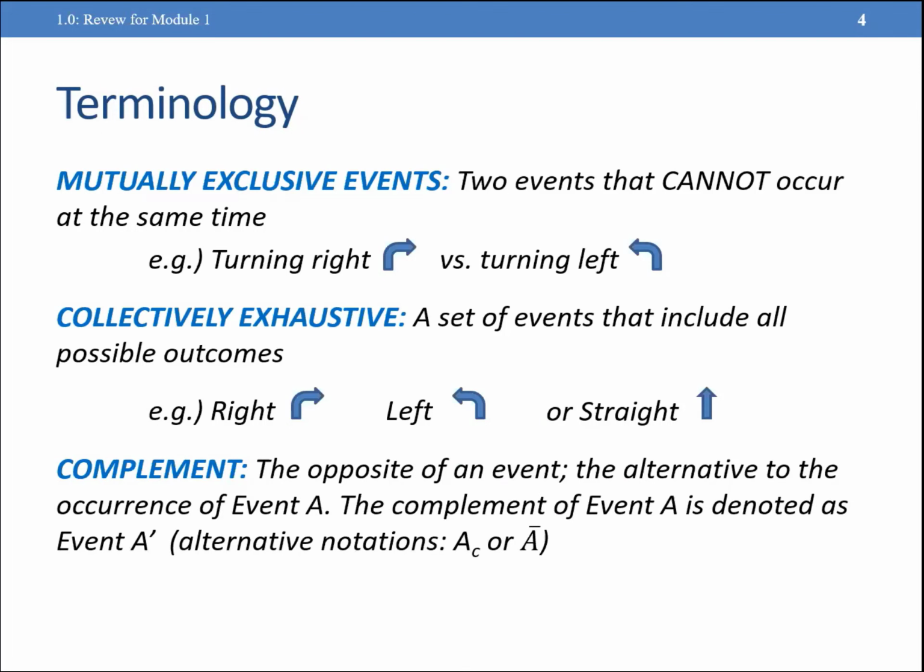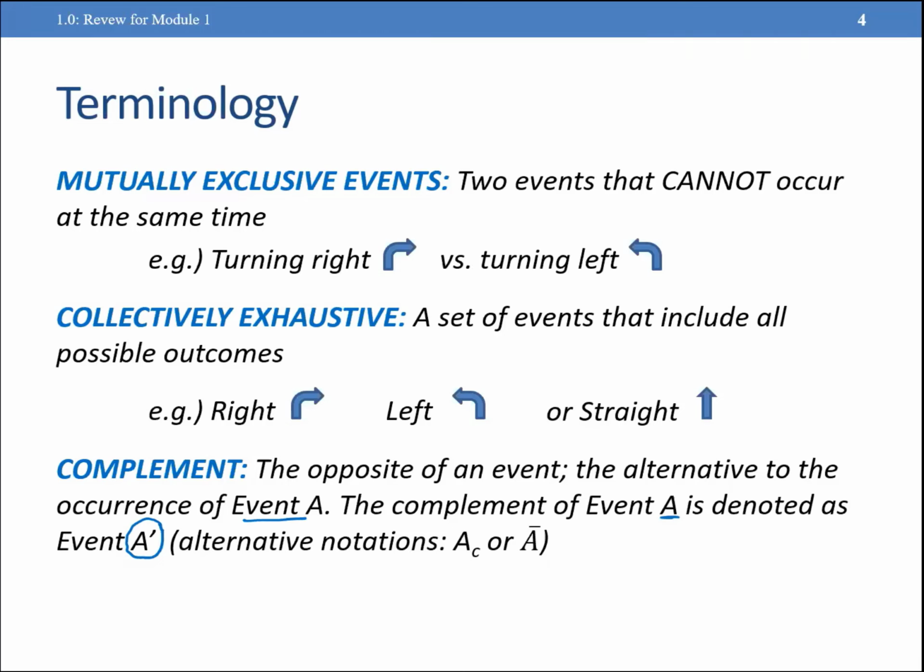Now, a complement is the opposite of an event. If I have event A, denoted A, the complement would be denoted as A prime, or alternatively I would write A subscript C or A bar. I find A prime is often the easiest to do on a computer.